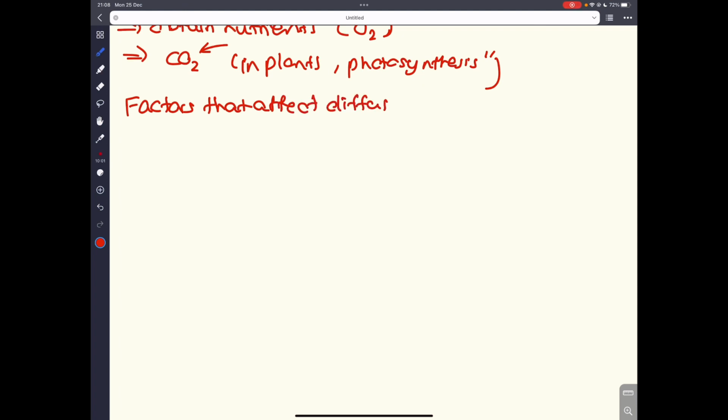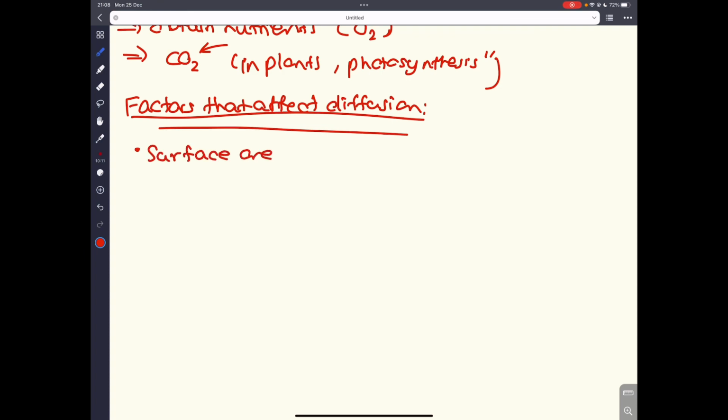But what are the factors that actually affect diffusion? There are several factors which affect diffusion, and here are some of the things that you have to know. Firstly, if we increase the surface area, so imagine you are in your kitchen, you go to your mom and you see your mom cutting up or frying something.